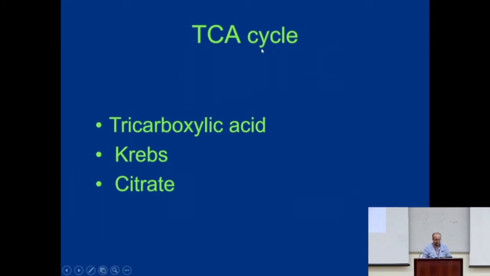The term tricarboxylic acid is based on the first molecule made in that cycle, which is citric acid or citrate. That's a tricarboxylic acid. So that you get all that nomenclature down.